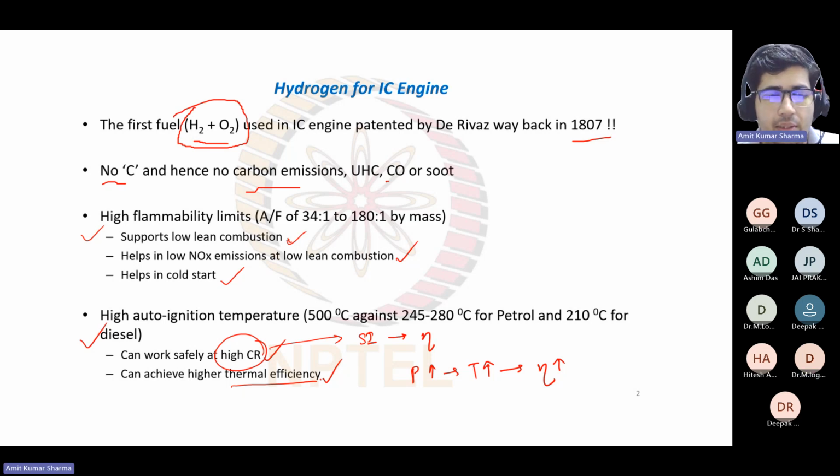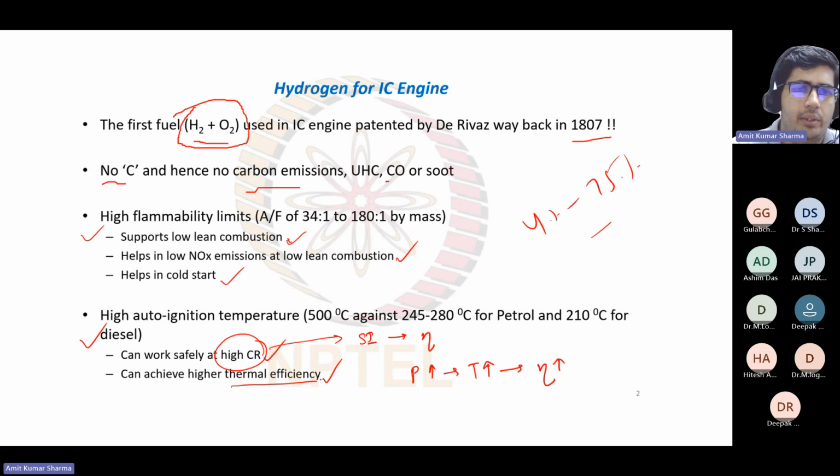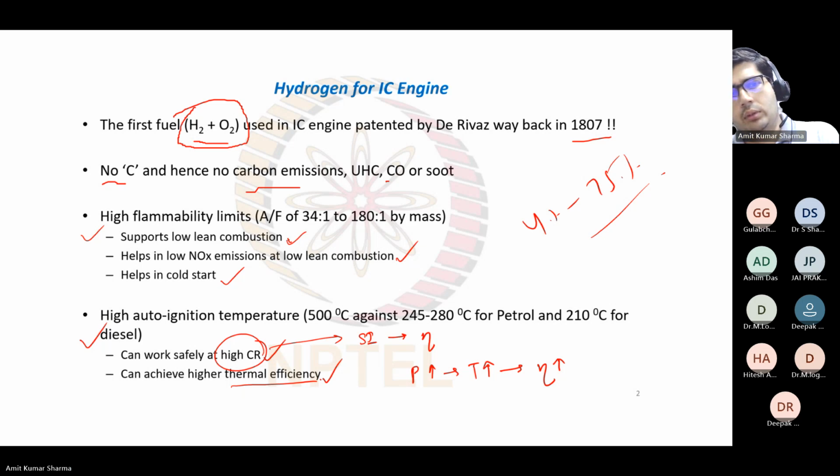High flammability limits: we know the limit range is 4% to 75%. So the air-fuel ratio is 34 to 1, or 180 to 1 by mass.